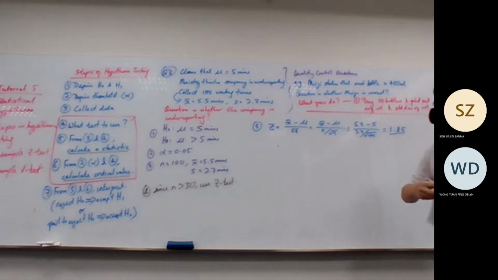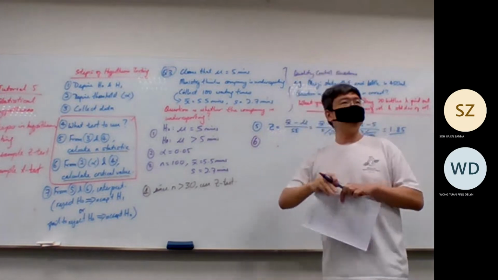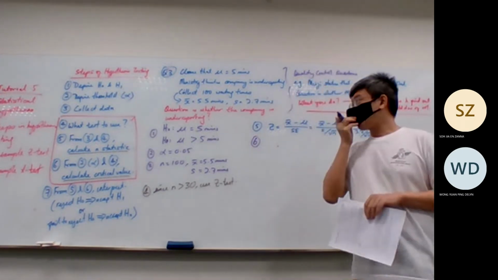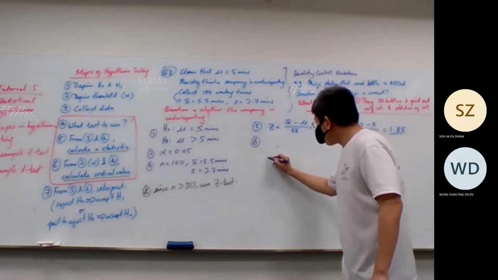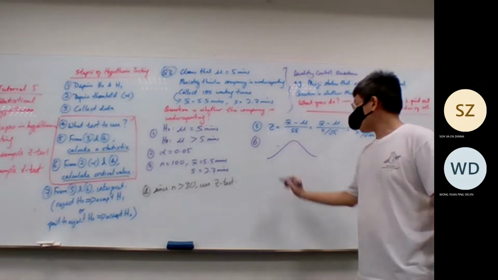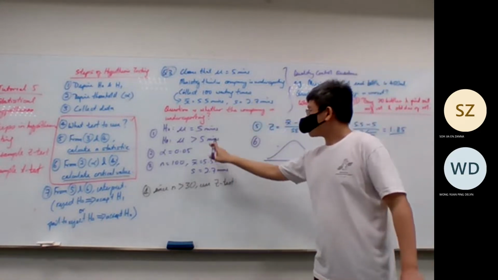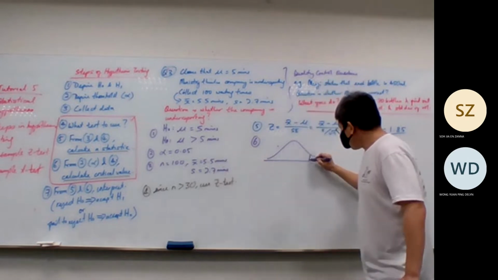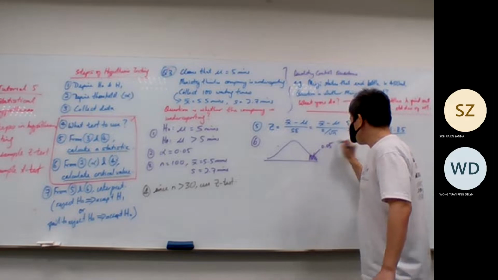Then step 6, you have to calculate the critical value. Critical value simply means that if you have a normal distribution and it's only a one-tail test, then the right tail area is 0.05.